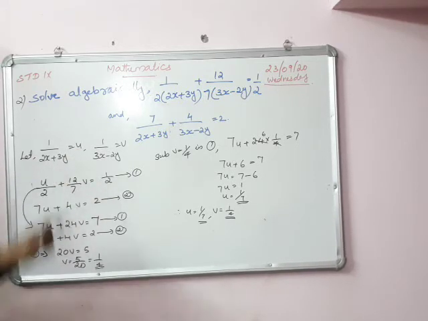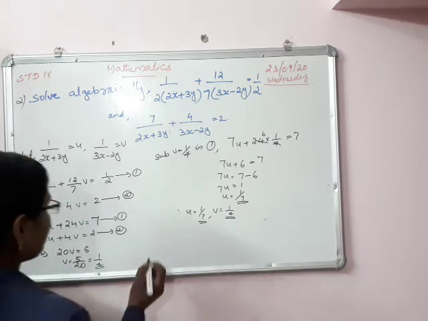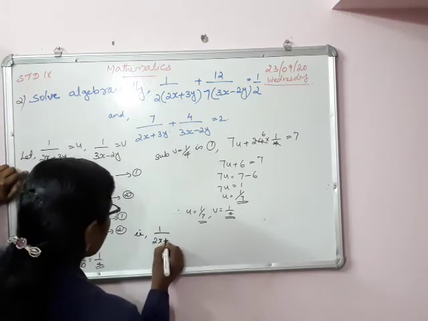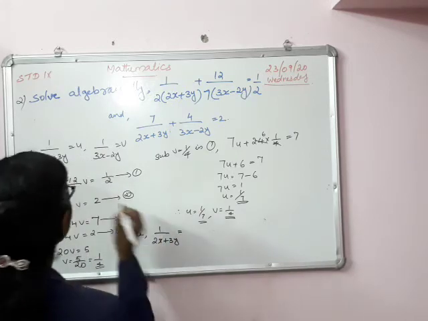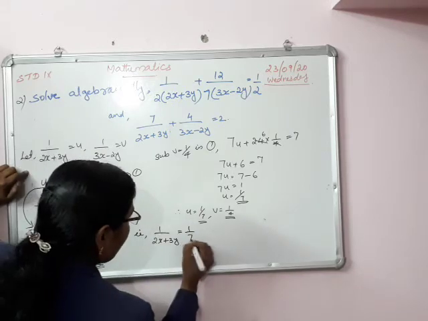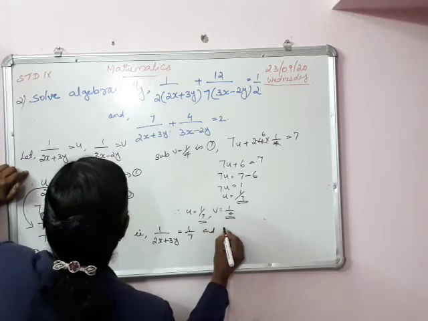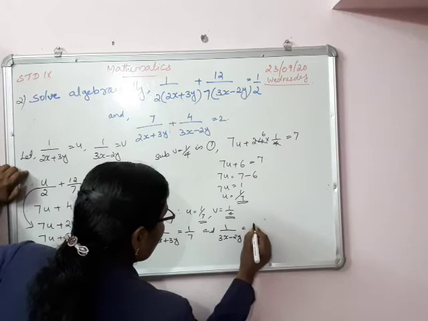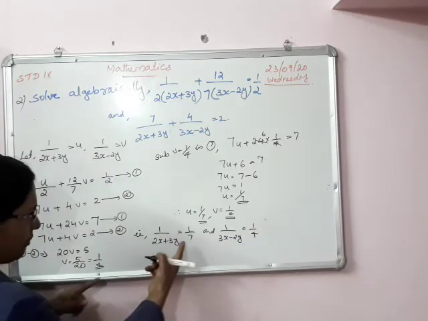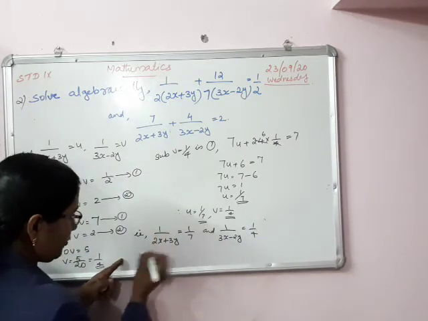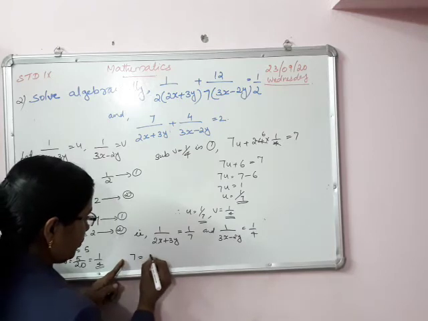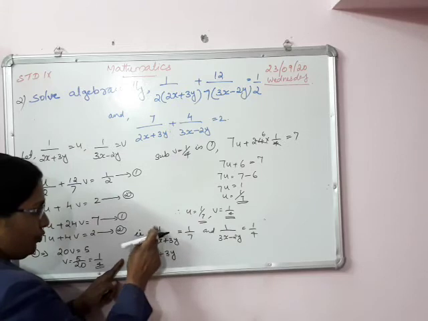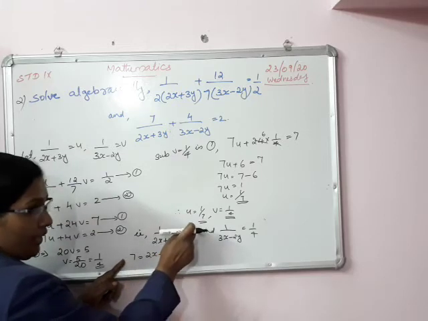So 1 by 2x plus 3y is equal to u, that is 1 by 7, and 1 by 3x minus 2y is equal to 1 by 4. Multiply 7 into 1, cross multiplication. That is 7 is equal to 2x plus 3y.